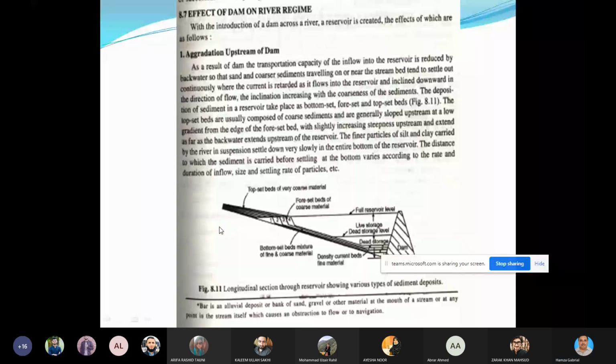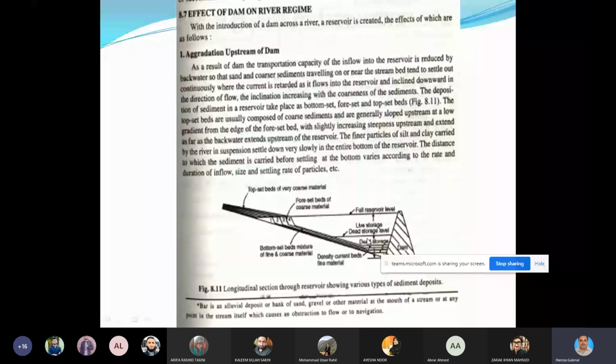If you see the longitudinal section at the bottom of a reservoir, the bed at the top set will have coarser material like boulders and gravels. They will start depositing at the top set and the fore set, and the finer material will start getting deposited downstream at the bottom set bed, and this will start decreasing the capacity of the reservoir.